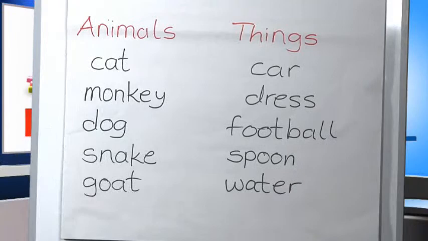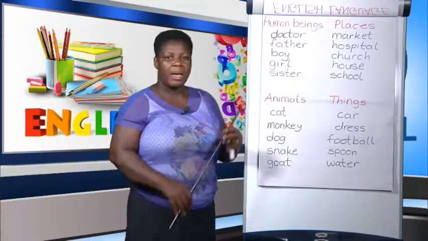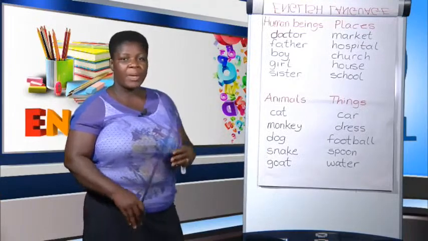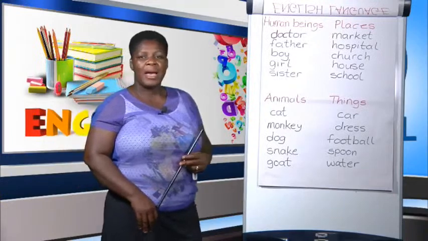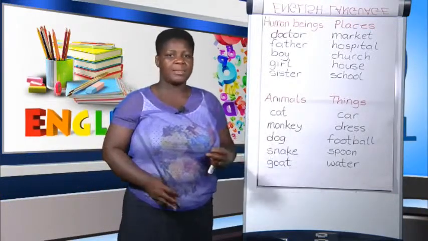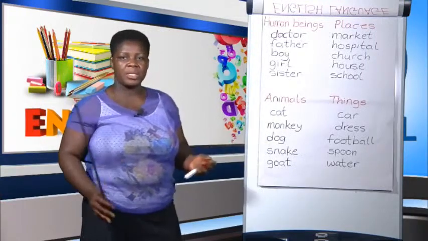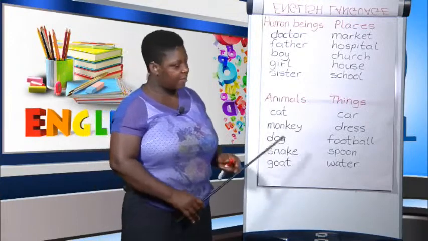We shall then take examples of things that we have. Now, when you take a look around, you will see so many things. In your mother's bedroom, you will find a lot of things there. At school, you will find so many things around. When you go to the beach and around, you can find so many things. But few have been listed here.